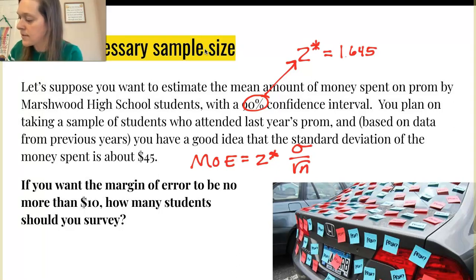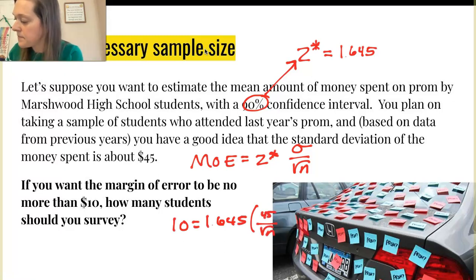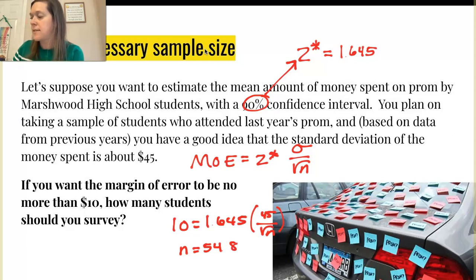So 10 is equal to 1.645 times 45 over the square root of n. When you do the math, you end up getting n is equal to 54.8, which we always round up, to account for that error. So 55 students would be a good idea for our n.